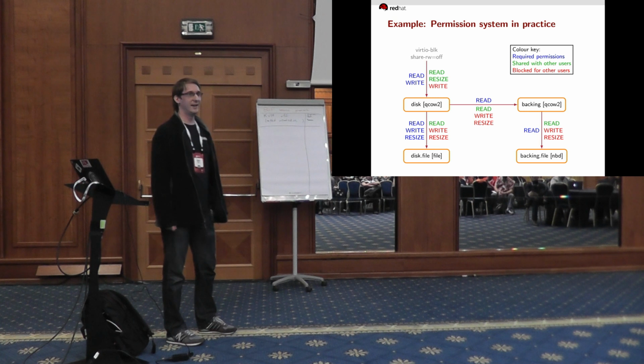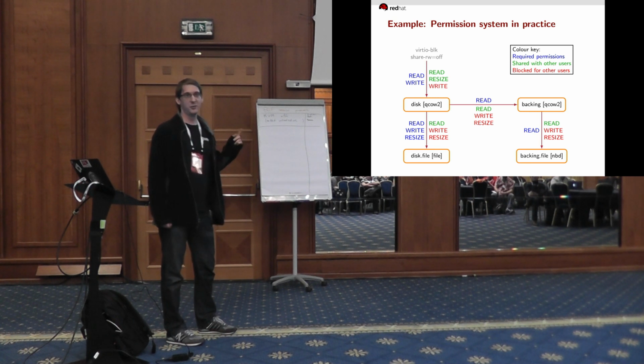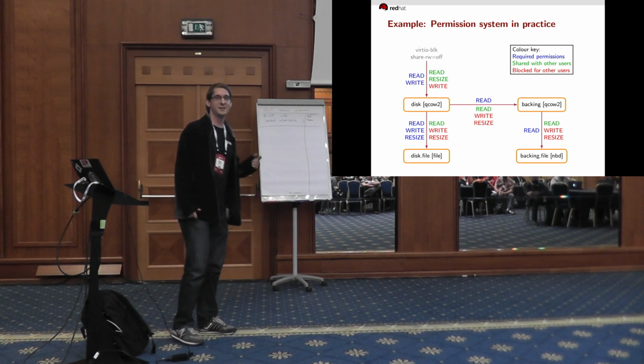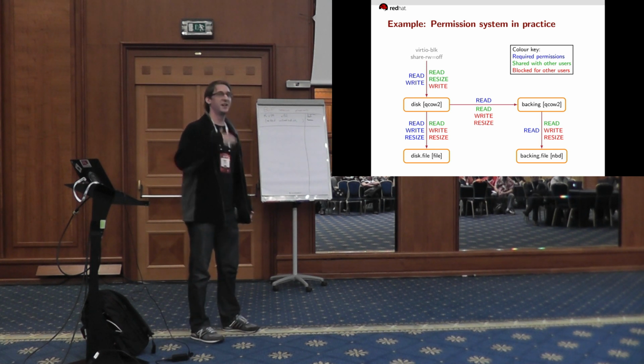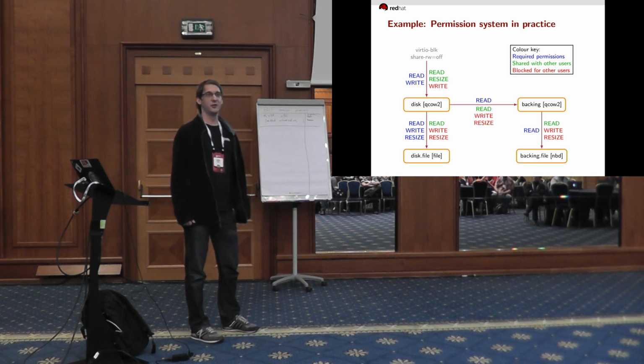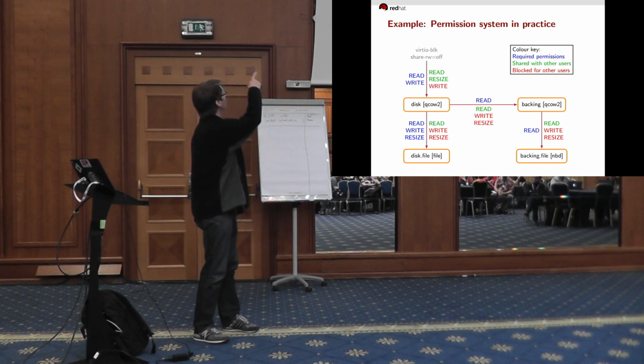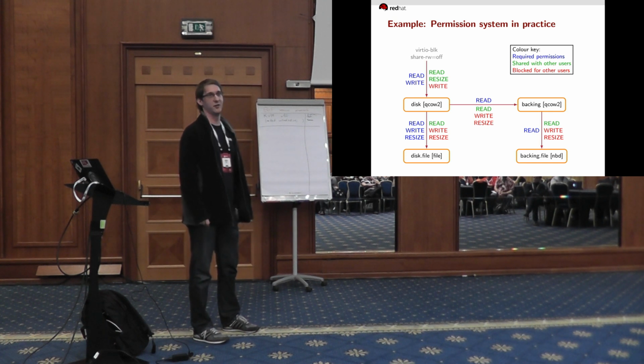And it can allow others to read, sure, no problem. They can also resize because virtio-blk reacts to resizes, so it communicates it to the guest, so that's okay. But it doesn't usually allow others to write to the image because we have said share-rw equals off.